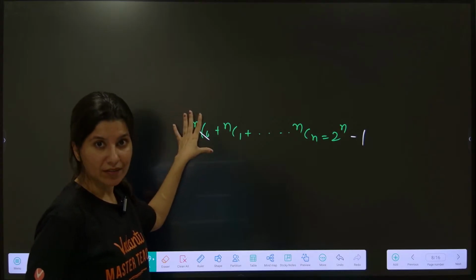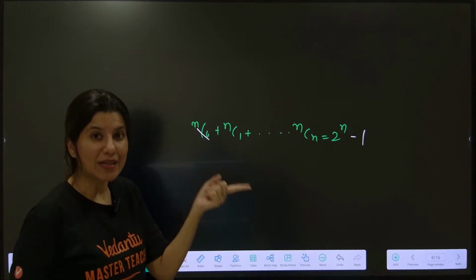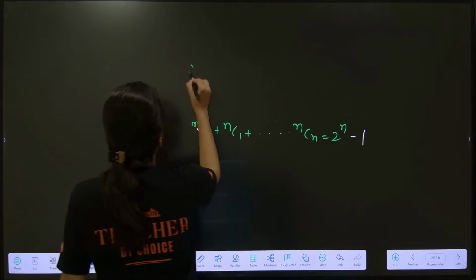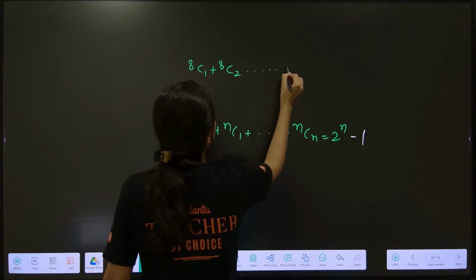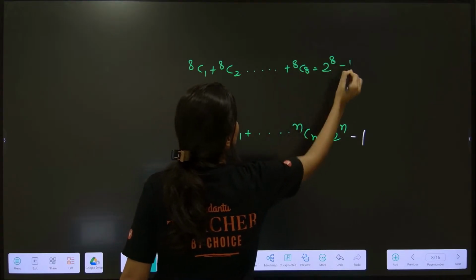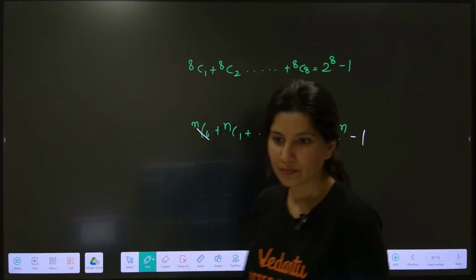You don't want it. Why? Because in the question, it starts with 8C1 plus 8C2 plus 8C3. That's what you want. You want the value of 8C1 plus 8C2 and so on up to 8C8. So this is going to be 2 power 8 minus 1, because NC0 will go over here.